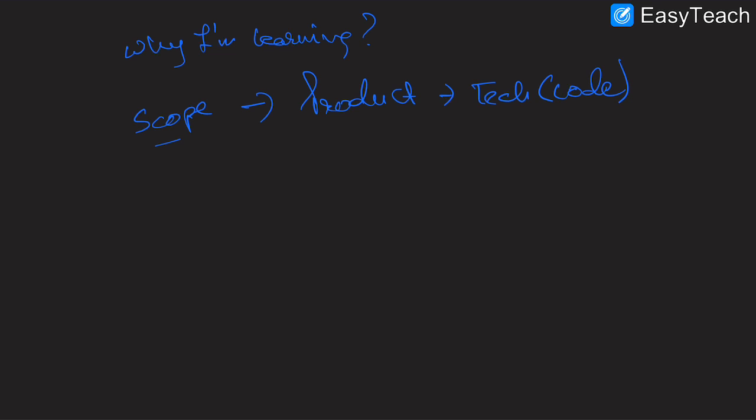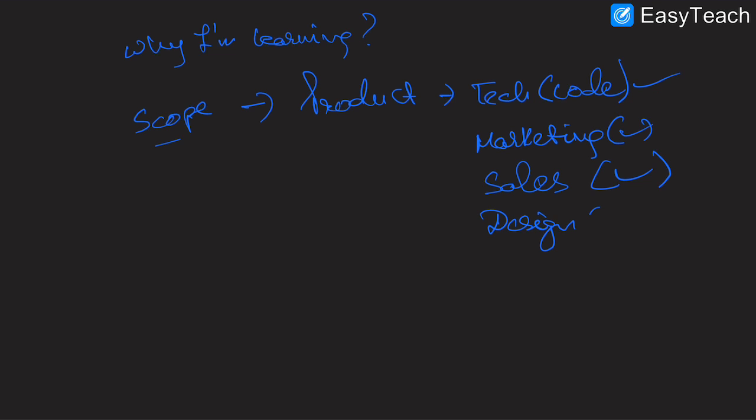There are customers who might be using it, and for that to happen you have to do the marketing yourself. The one person handling the tech and writing the code is also doing the marketing, is also responsible for sales, and is also responsible for the design, right? So one person has to wear many hats, and this is what indie makers are all about.